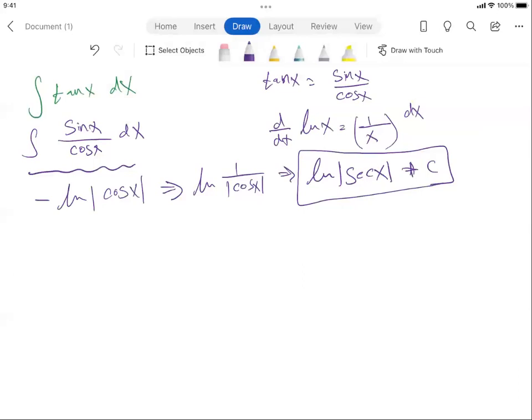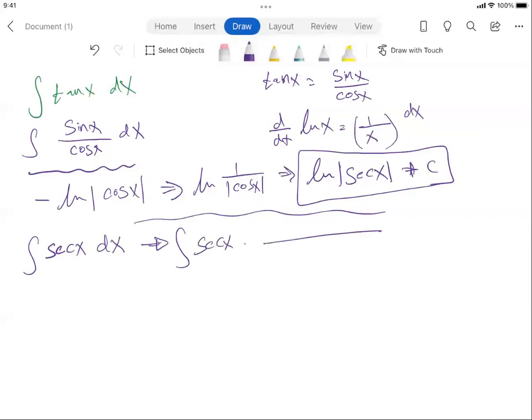Okay, let's derive our next formula. If I have an integral of the form secant of x dx, I'm going to solve this. What I can do is multiply the top and bottom by the same value.